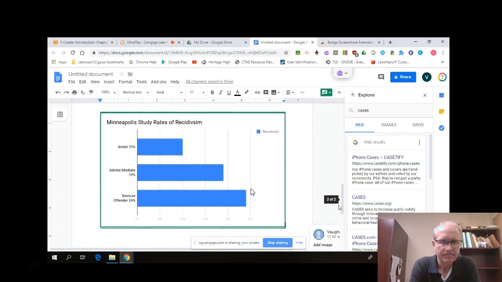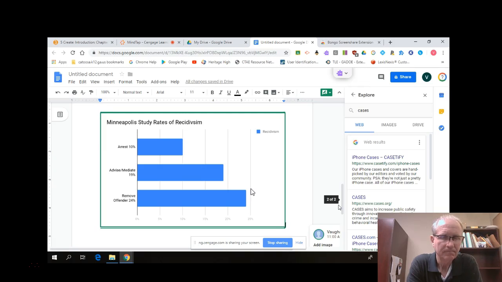So this is a bar graph chart, I guess, that I just put together real quickly. And it shows when arrests were made, 10% of the offenders who were arrested committed another act of domestic violence within the time period of the study.